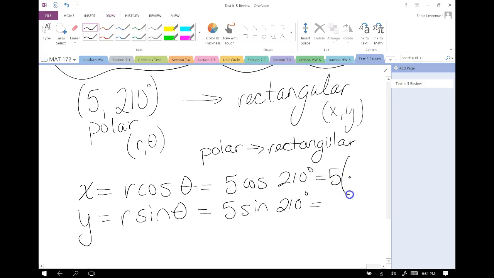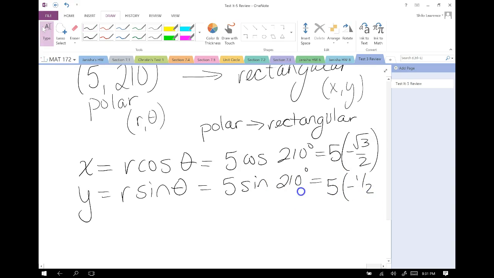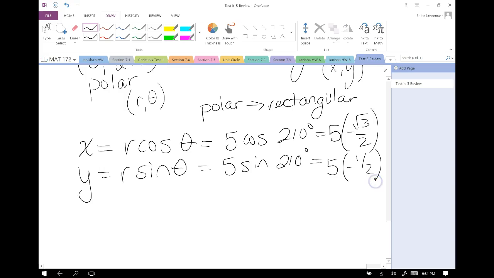So I've got 5 times negative radical 3 over 2. And most likely MyLabs Plus is going to want this as an exact answer. And sine of 210 is negative 1/2. So when I multiply and simplify here, my point in rectangular coordinates ends up as negative 5 radical 3 over 2, negative 5/2.